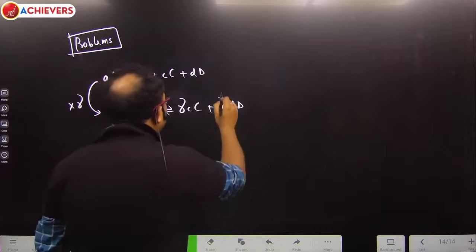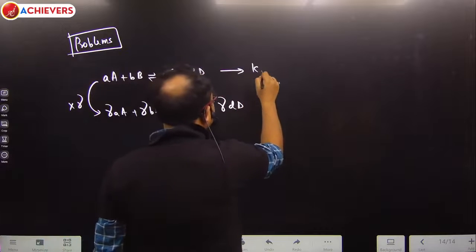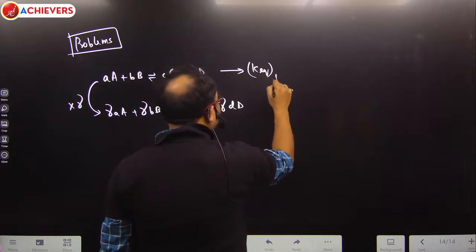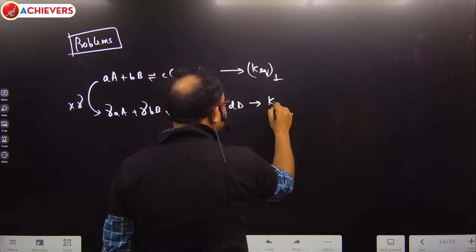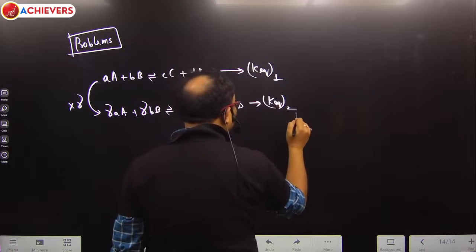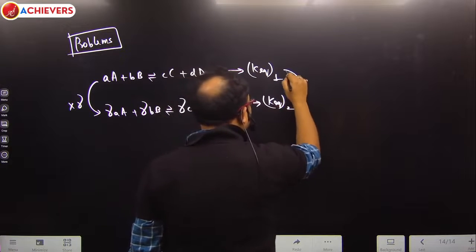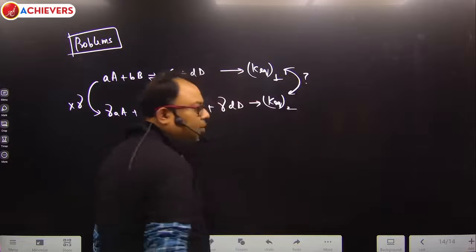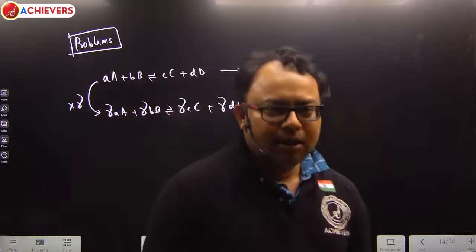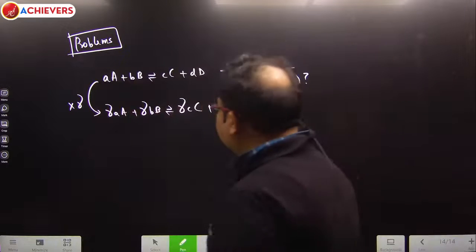And in this case, if the equilibrium constant is KEQ1, and in this case the equilibrium constant is KEQ2, then how can you relate these two equilibrium constants? This is my first problem.